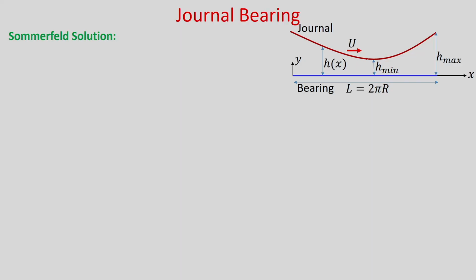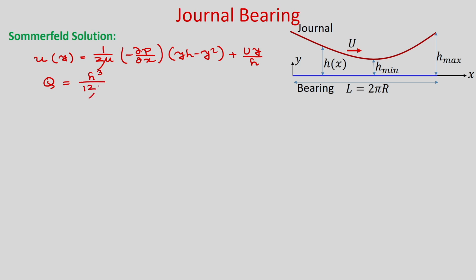If you assume that this is the velocity u in the axial direction and curvature is very small, then we can find the velocity distribution u as a function of y as 1 by twice mu into minus del p by del x into y times h minus y squared, plus u y by h. From here you can find the volume flow rate q as h cube by 12 mu into minus del p by del x, plus u h by 2.